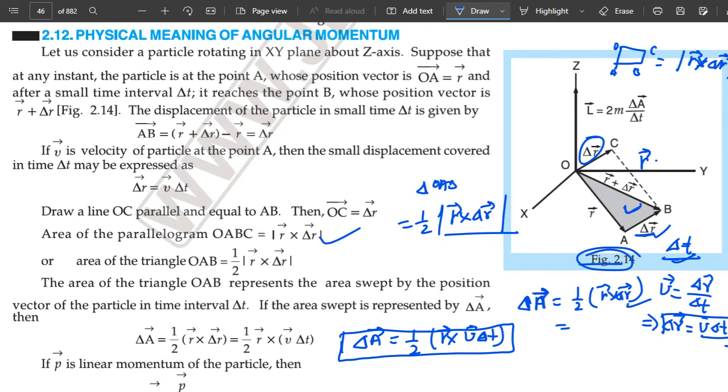Now we know that the linear momentum p is equal to mass into velocity, which implies v is equal to p upon m, right? Now we put the value of v here.